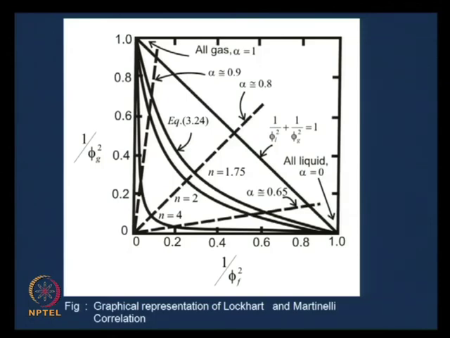Naturally, if you want to find the two phase pressure gradient, you have to use a trial and error technique, because both axes have the unknown pressure gradient term. In order to avoid this, the other correlations we use, we will be discussing in the present class.